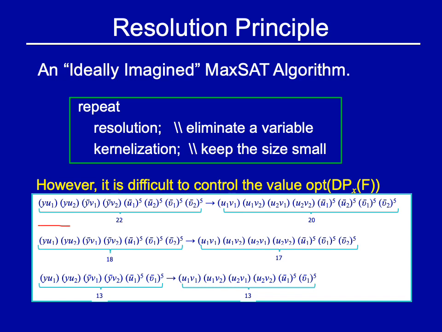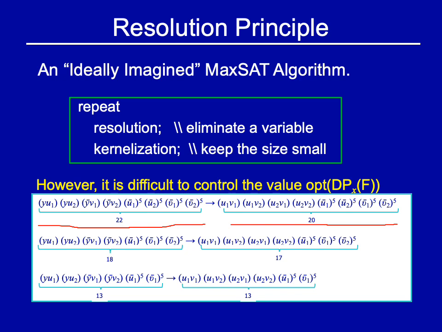You start from the left; if you do a resolution, you get the right. For this one, the left has 22 clauses satisfiable, but on the right, you can satisfy at most 20 clauses. So the difference is 2.